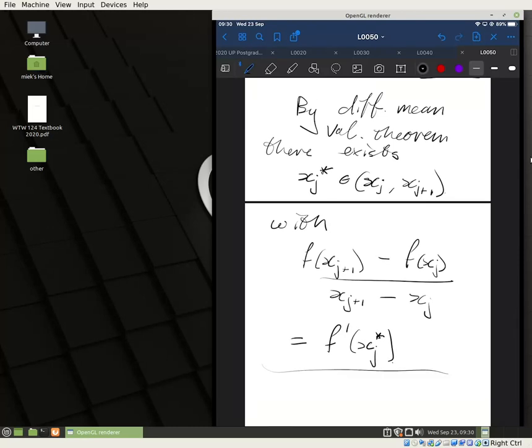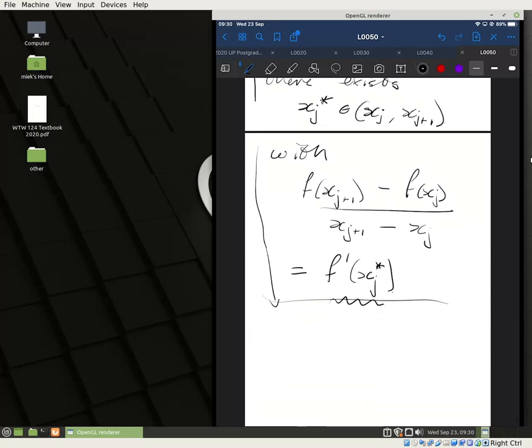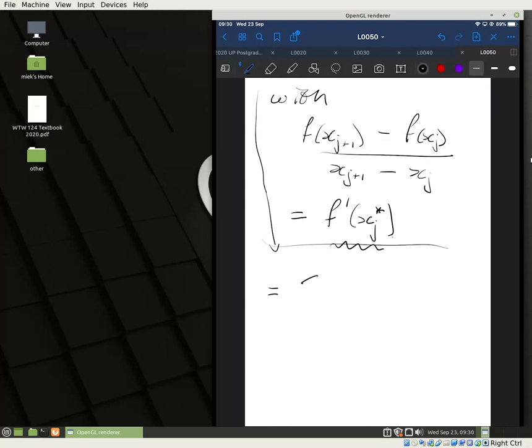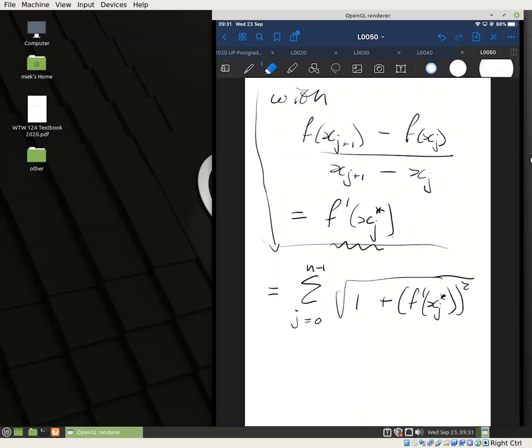So if we use this, what do we get? If we replace this part with this part, this is then equal to the sum from j equals 0 to n minus 1 of the square root of 1 plus the derivative at x_j star squared, times delta x. Let's put this delta x at the end here.